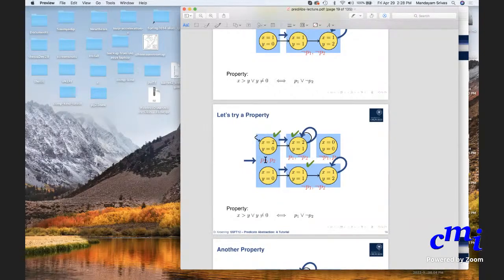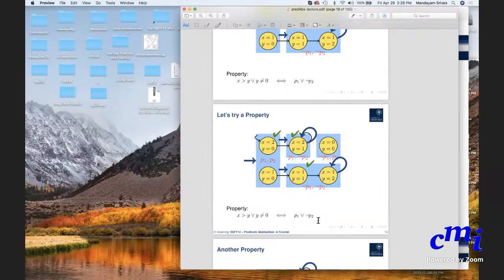And as you will see, if you use the fixed point computation to generate the set of all reachable states, and then you check along the way if the property is preserved, then this is reachable, P1 not P2. In one step, both these states, P1 not P2 and not P1 not P2 are reachable, and in both those states this property is preserved, because what you're checking is a very weak property.